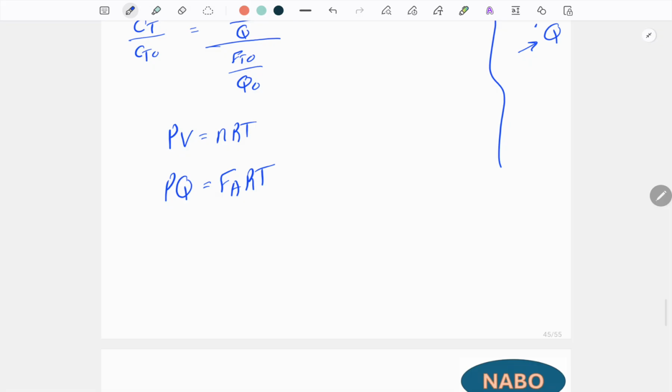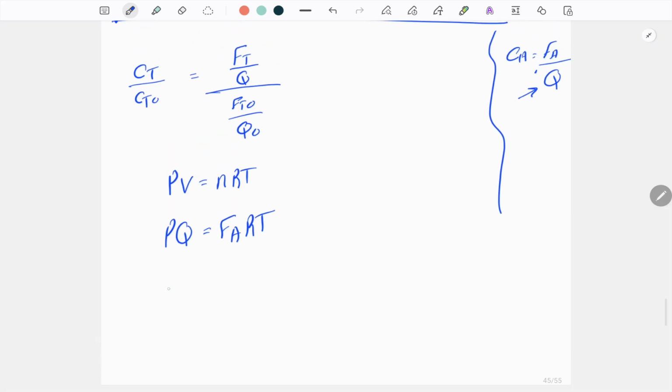Now, if I rearrange the equation in terms of FA over Q, that will equal P over RT. Now I can go ahead and substitute this here.